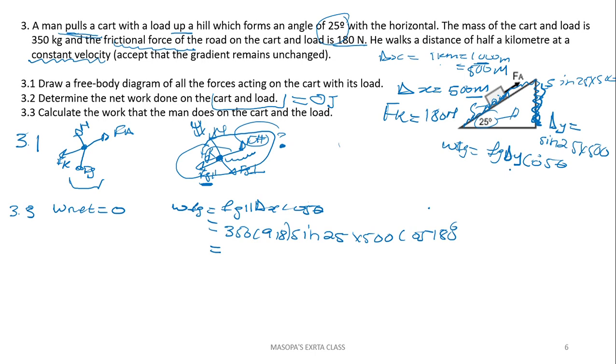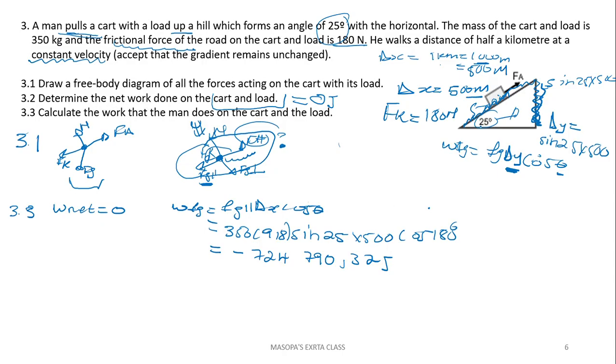You substitute that delta y here, and cos of 180. Then I believe you get the same answer of negative 724,790.32 joules. That is the work done by gravity.